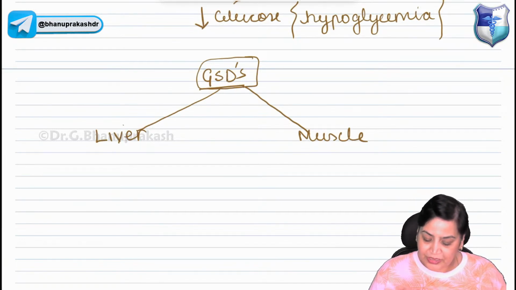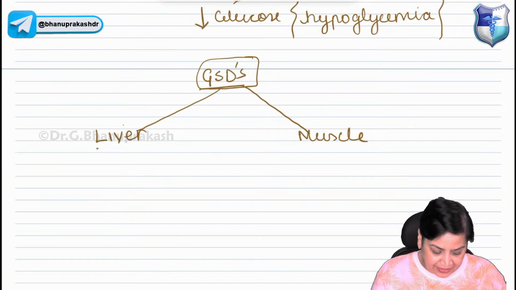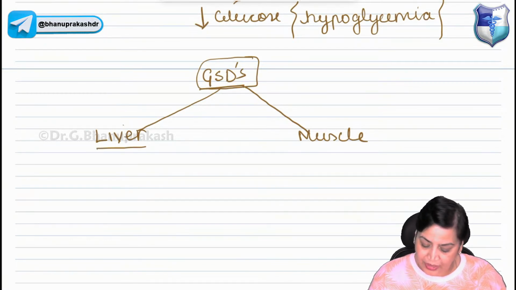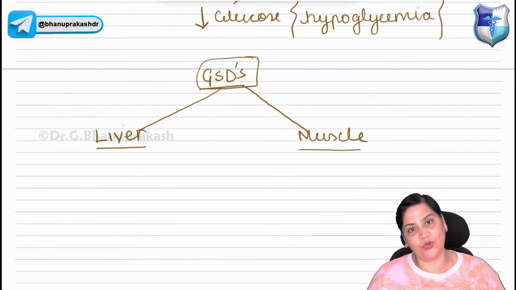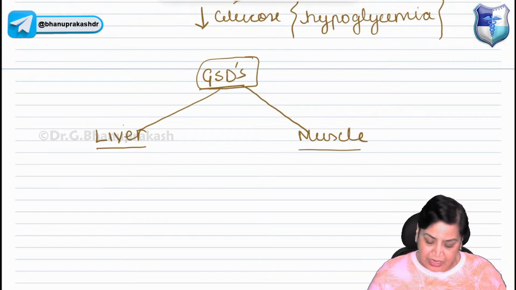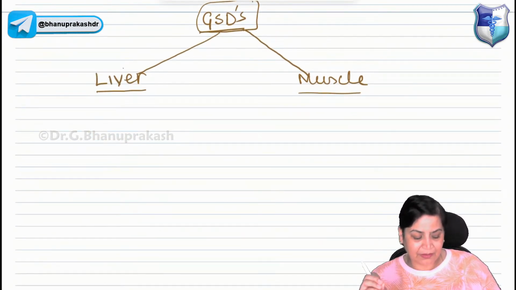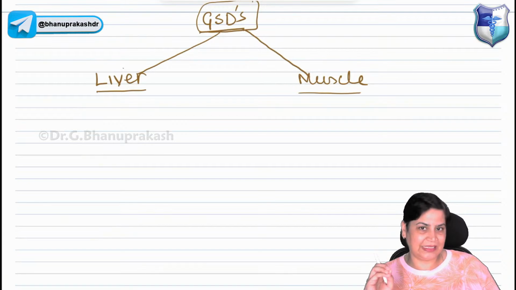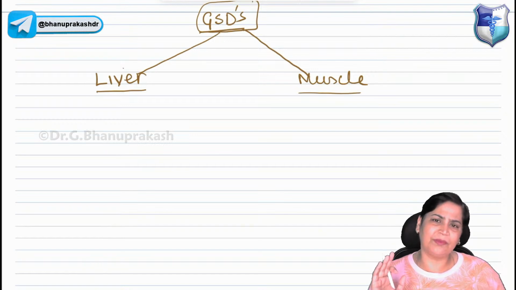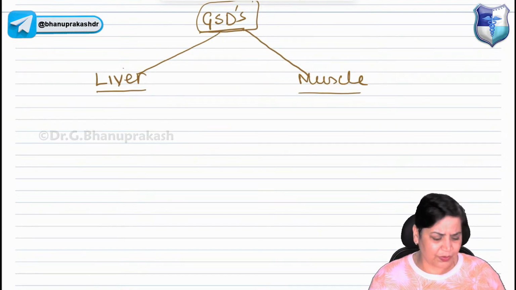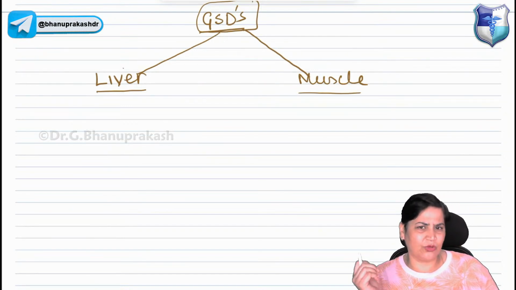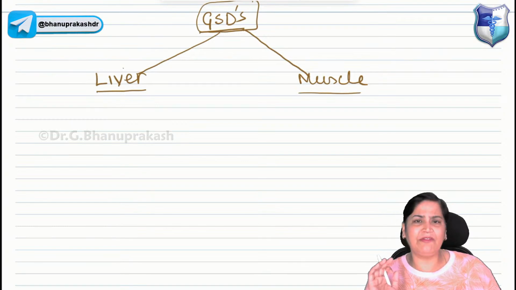Okay. So GSDs can be liver glycogen storage disorders or muscle glycogen storage disorders. Now coming over to this, always remember that in biochemistry, to learn most of the diseases, we need to know the mnemonics, because sometimes it is very difficult, especially for those who are fresh pass outs from class 12.